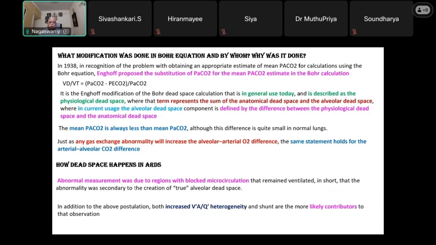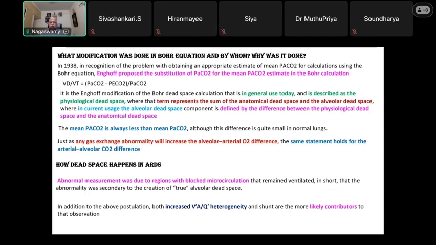And that volume of air is called dead space gas because it is not taking part in any gas exchange. And how do you calculate that? That is the reason why Bohr found out this particular equation to find out how much wasted or dead space gas is there in our respiration, so that we can try to reduce that so that maximum gas can be utilized.